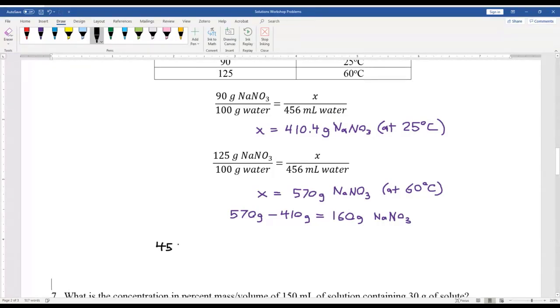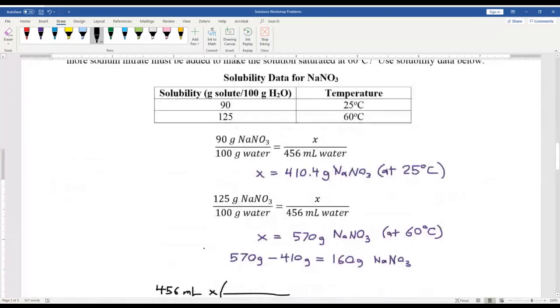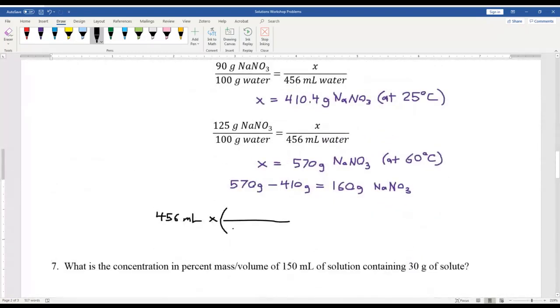I have 456 milliliters of water, and I could use my solubility as a conversion factor. 100 milliliters, 100 grams of water is going to allow me to dissolve 90 grams of sodium nitrate, NaNO3.